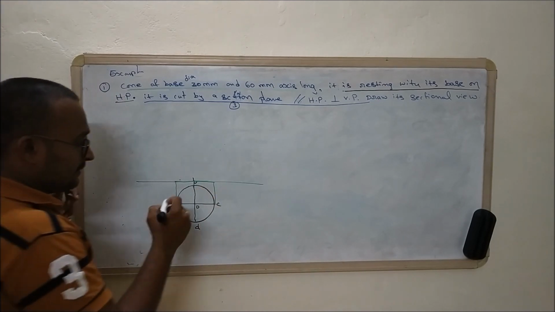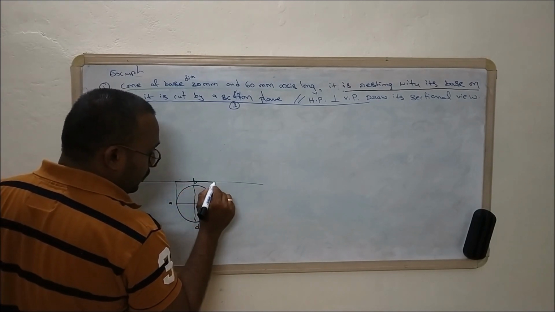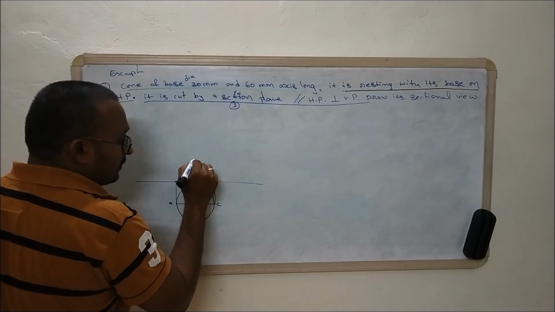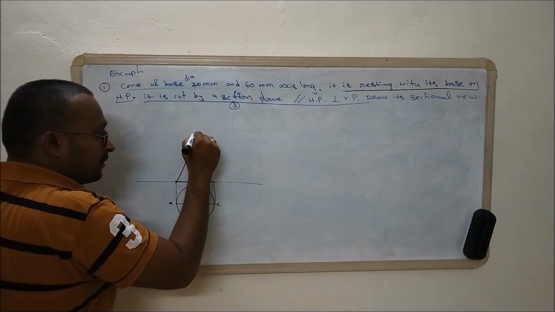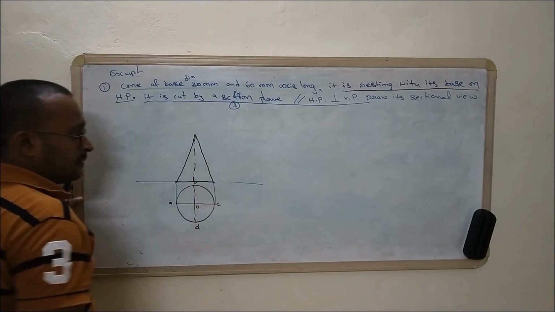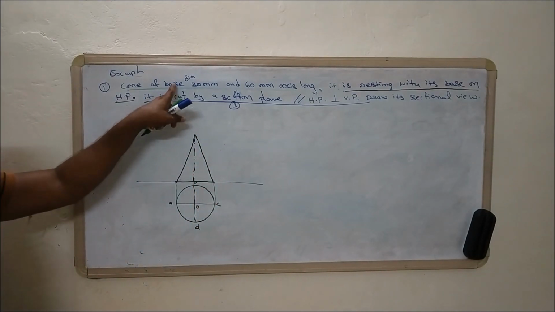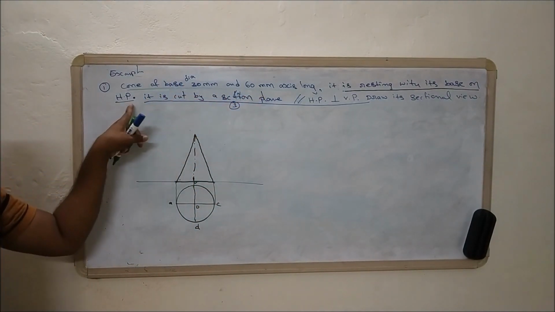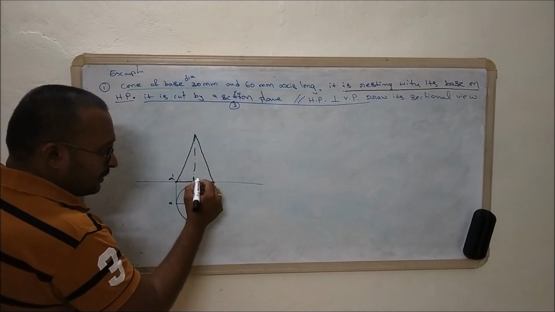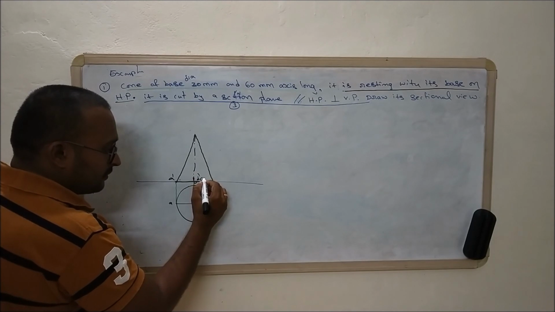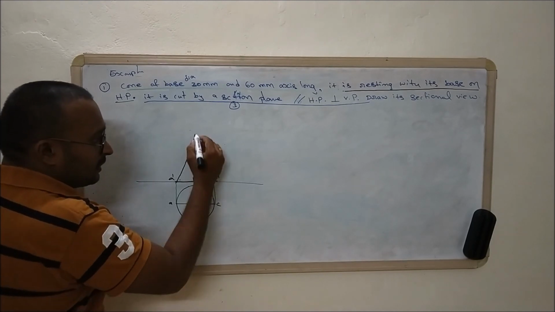This is the base of the cone, the center of the cone. So the first half of the problem has been completed. Here A dash, D dash, B dash, C dash, and then O dash.